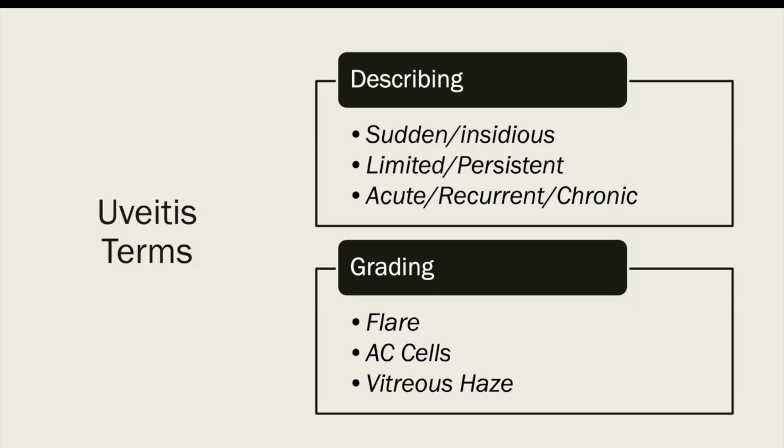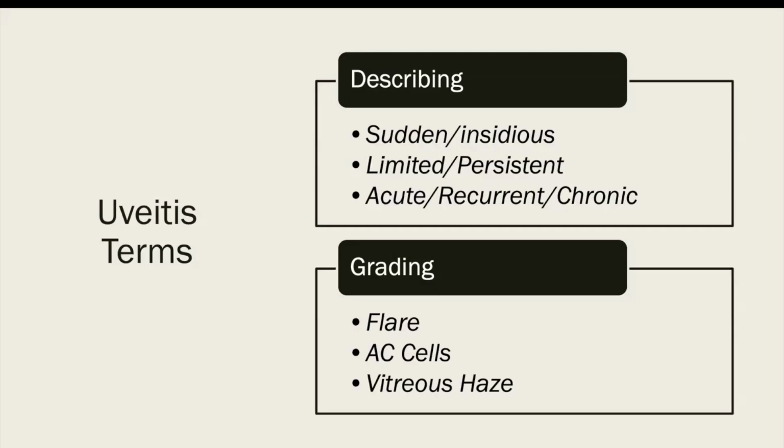And then with your grading, you can look at flare, you can look at your amount of AC cells, and you can look at vitreous haze. Depending on what you're seeing in front of you, that helps you understand how bad the inflammation is. There are specific definitions. For example, with the cells, you're looking through a 1 mm by 1 mm slit beam across the anterior chamber.